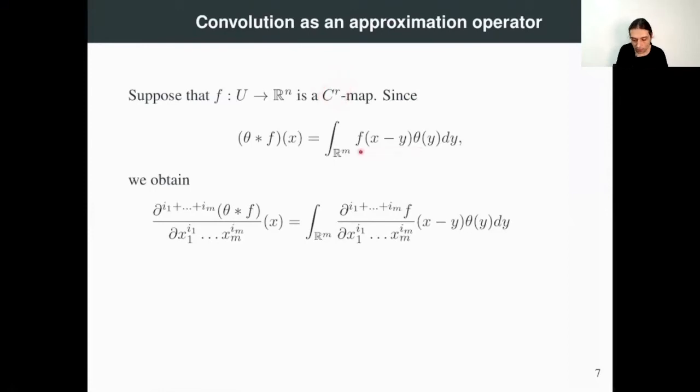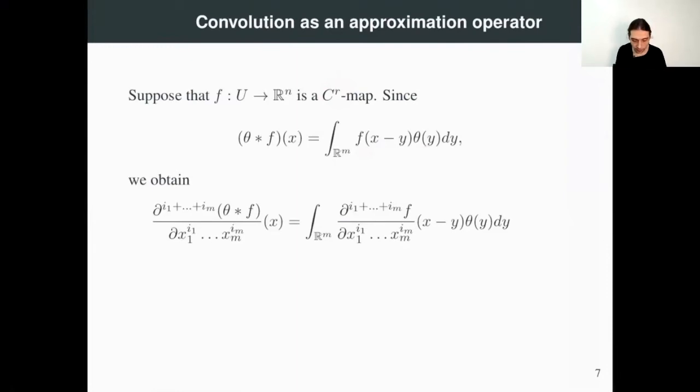when we consider the derivative with respect to one of the variables, the map that we get here as a map of x and y is continuous. So again, we can use the theorem that allows us to differentiate under the integral sign to obtain the derivative of the integral.